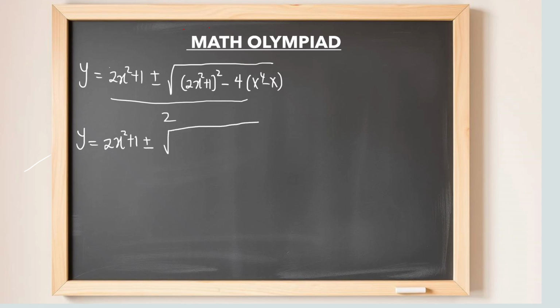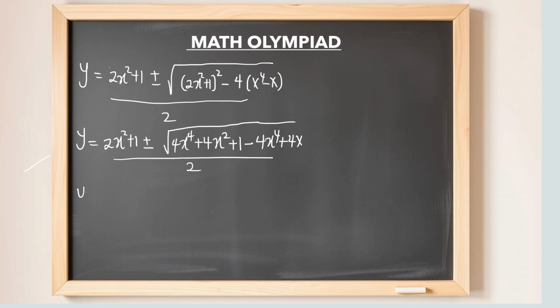Now let's distribute these parentheses. Here I'm going to have 4x to the power of 4 plus 4x squared plus 1 minus, here you're going to have 4x to the power of 4 plus 4x, all divided by 2.